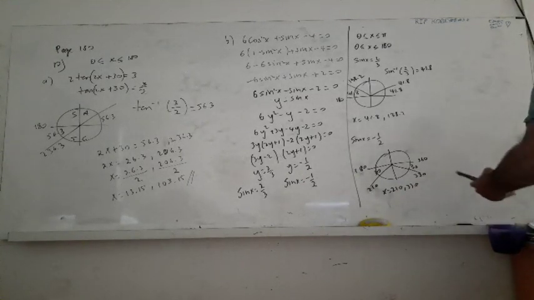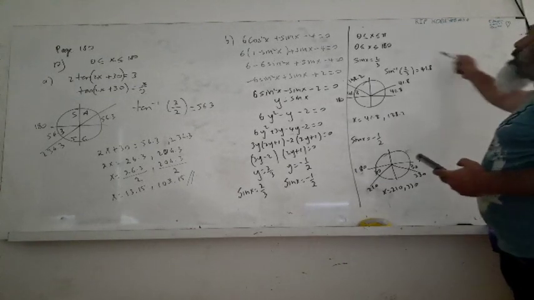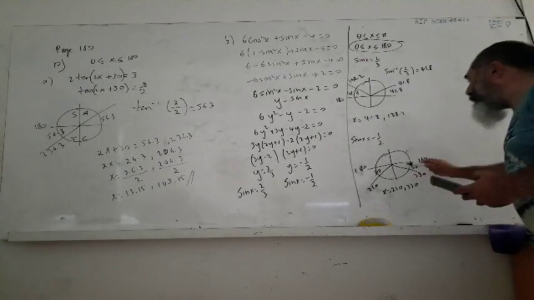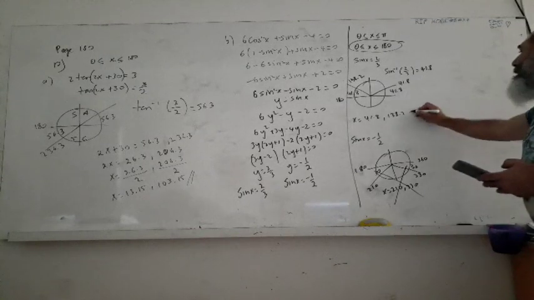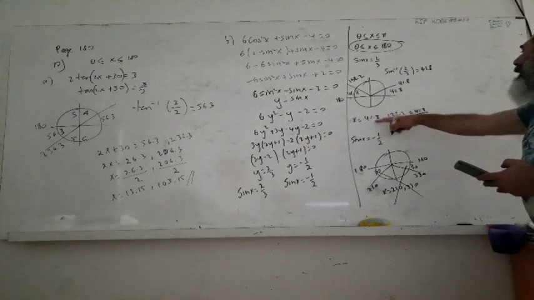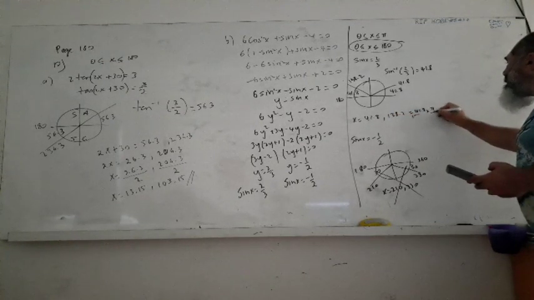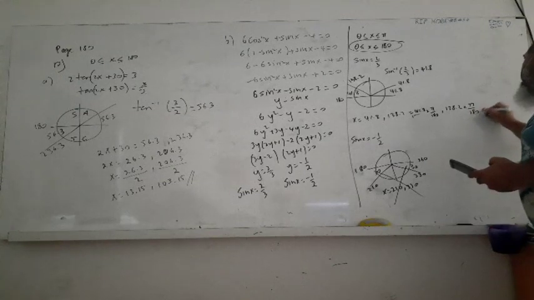Why we don't need these? Because we want the angle between 0 and 180, so we are going to cancel these two and write these angles in radians, and that's the way to convert these angles into radians. That's the end of question 10.